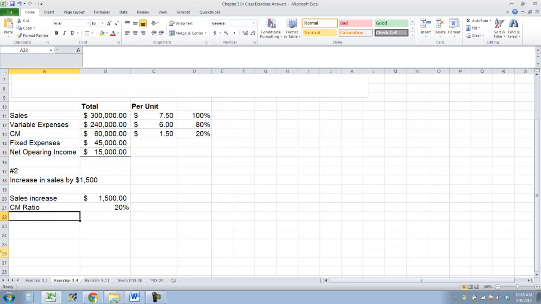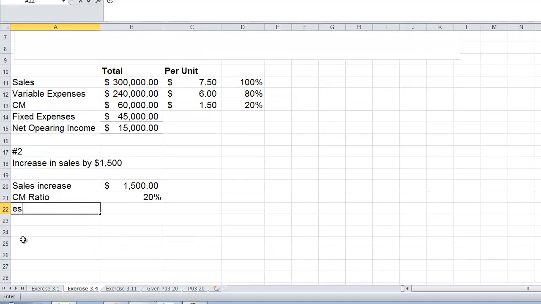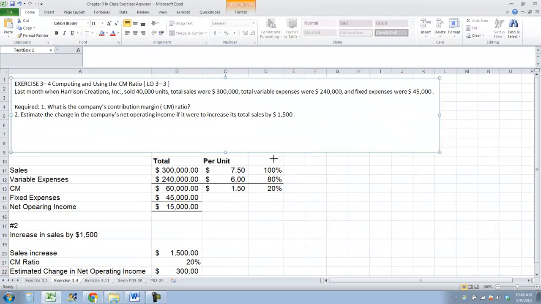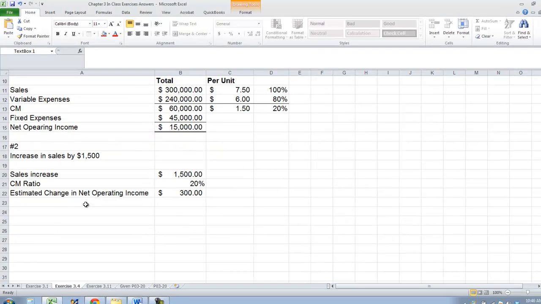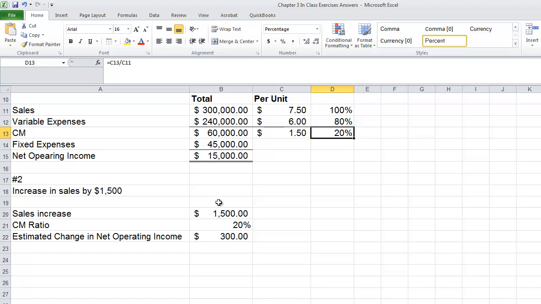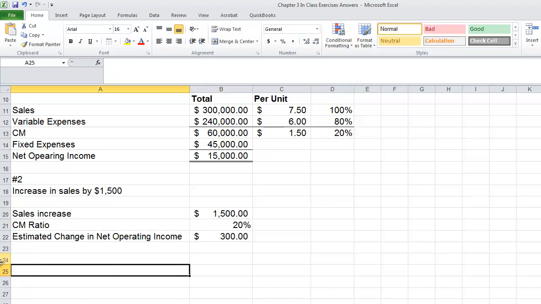So the estimated change in net operating income: basically 20% of the sale will go to the bottom line, or $300. So this is much easier. Once we figure out this ratio, we can apply it to figure out what a change or increase would be.